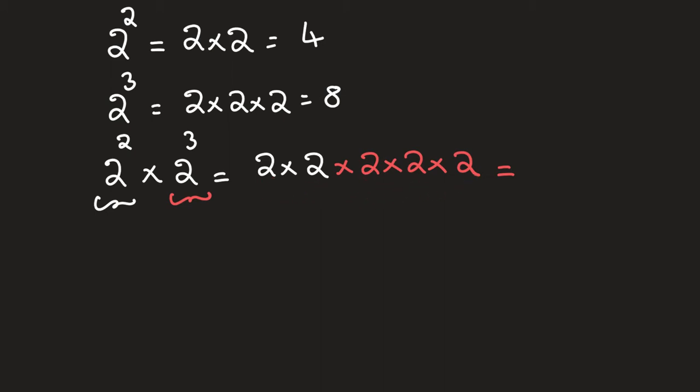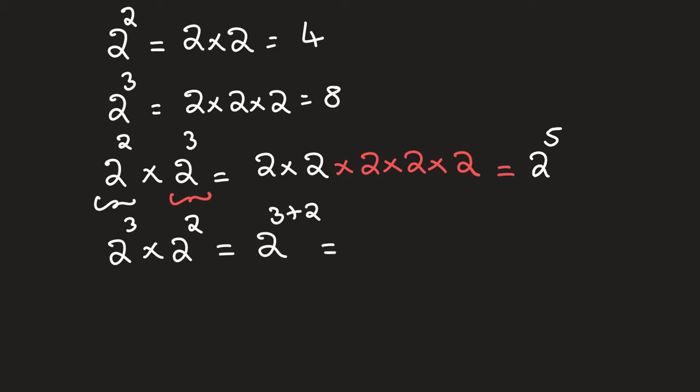So it is 2 to the power 5. Do you observe something? 2 to the power 3 times 2 to the power 2 is equal to 2 to the power 3 plus 2, which is equal to 2 to the power 5.